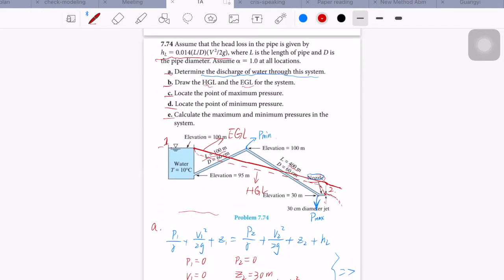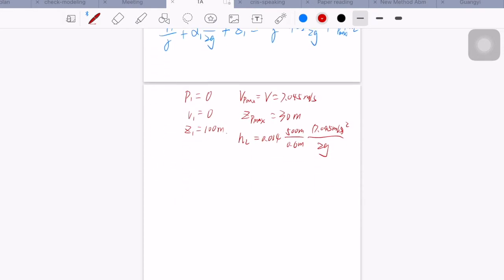Since this is the maximum pressure point, L equals the 100 meters plus the 400 meters, so L is 500 meters.